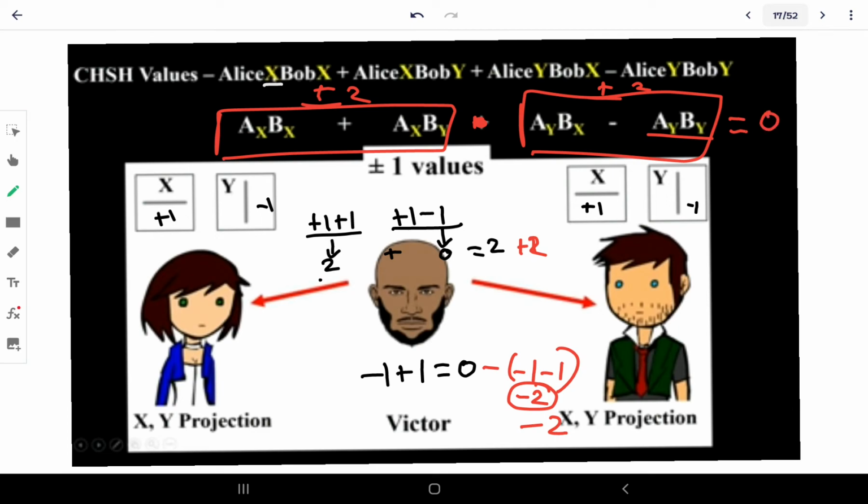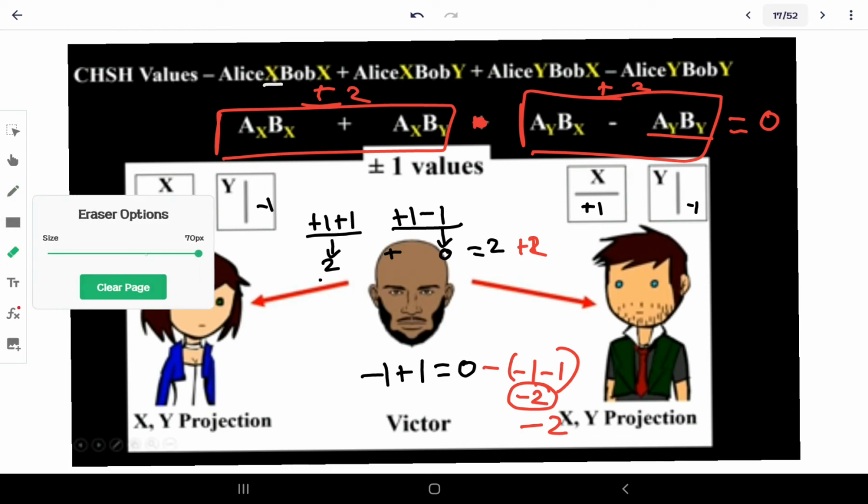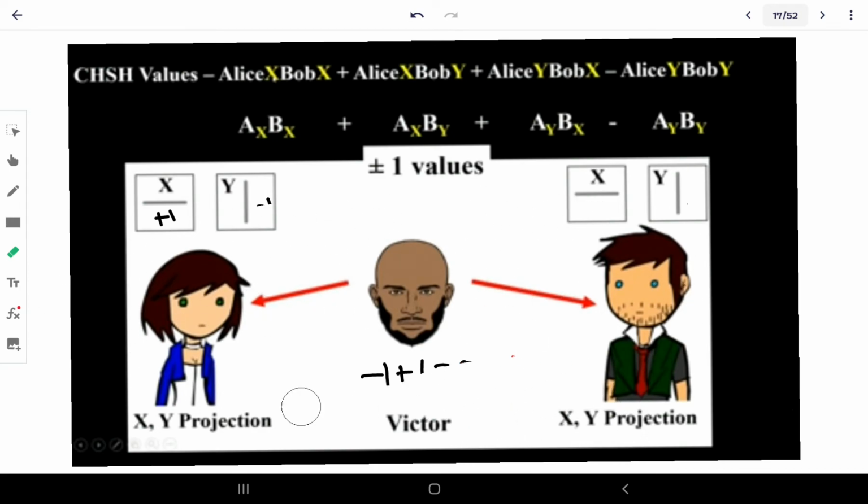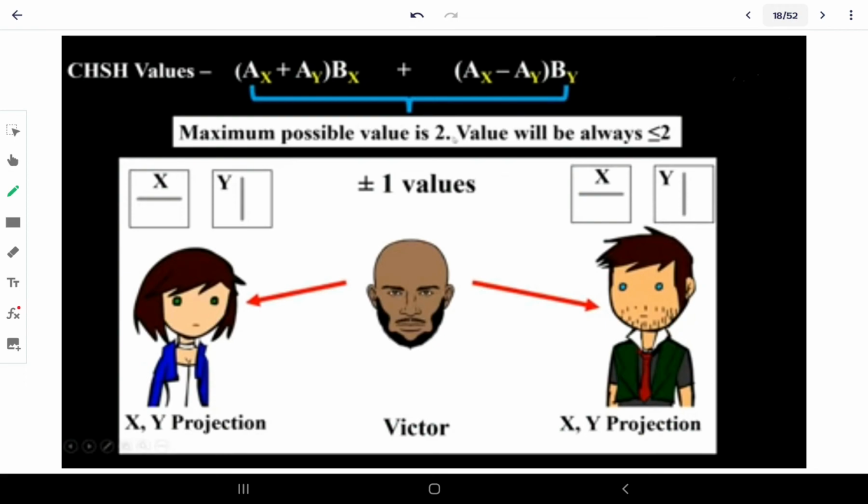According to Bell's inequality, the equation which you found should not go more than 2. So the maximum value is 2.